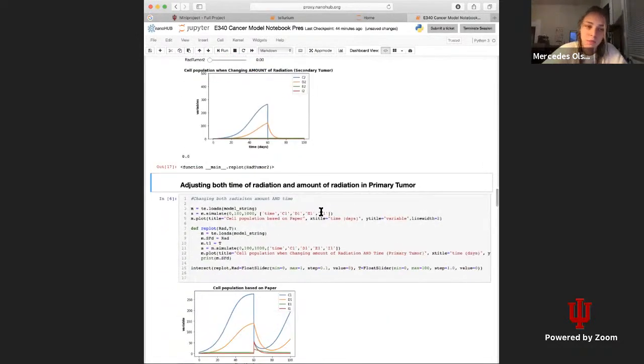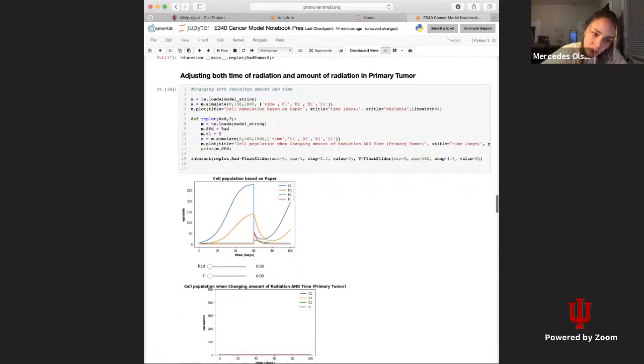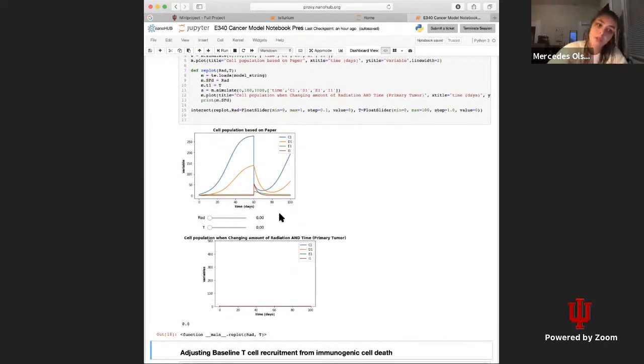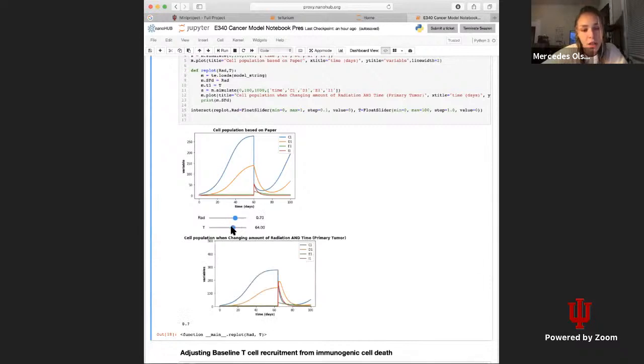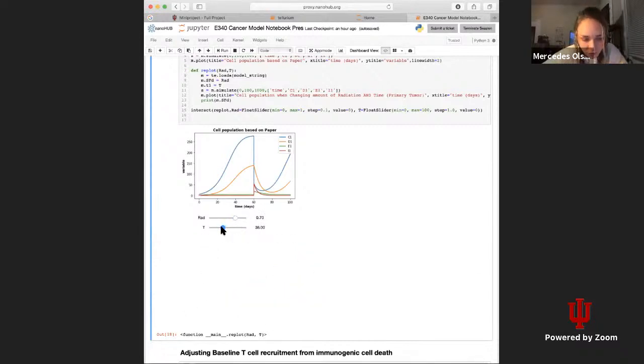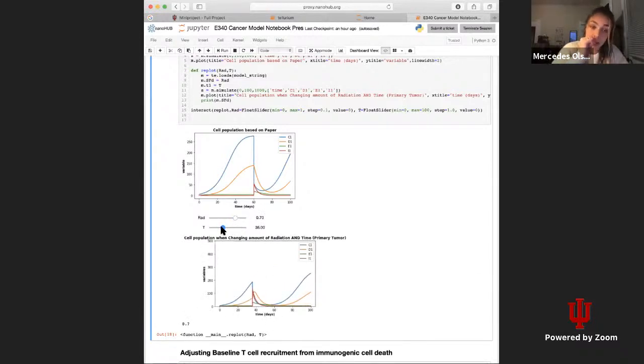So then this one, I allowed for you to mess with both the radiation amount, so just hitting it back with that too, and then the time of radiation, moving it to 60. So you can definitely see, and you can adjust it, what happens when you do more radiation and then lower the time it happens.